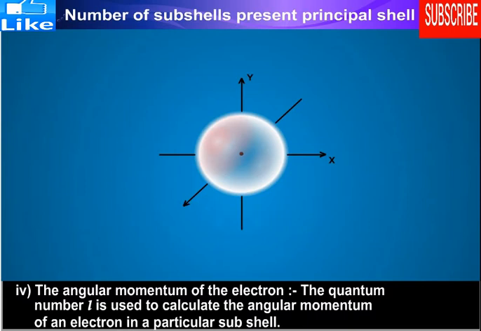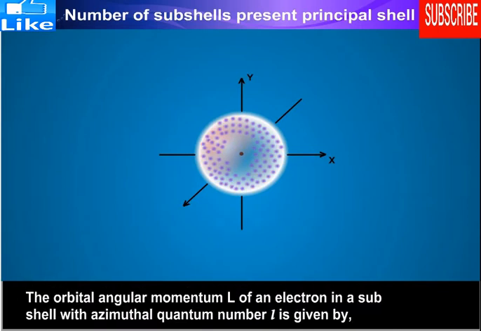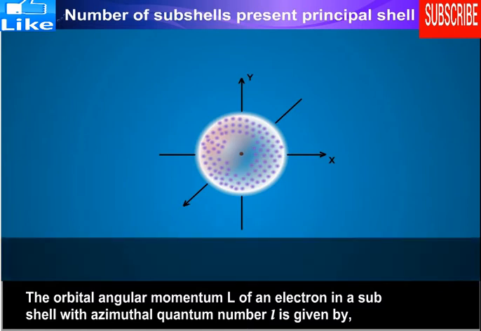The quantum number, l, is used to calculate the angular momentum of an electron in a particular subshell. The orbital angular momentum, L, of an electron in a subshell with azimuthal quantum number l is given by L equal to h upon 2 pi into square root of l into bracket l plus 1.